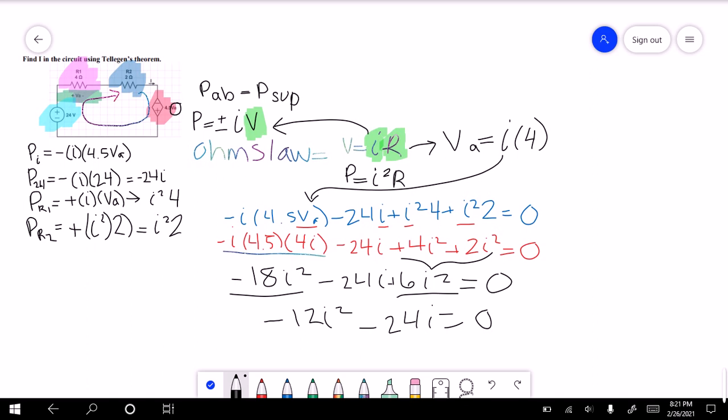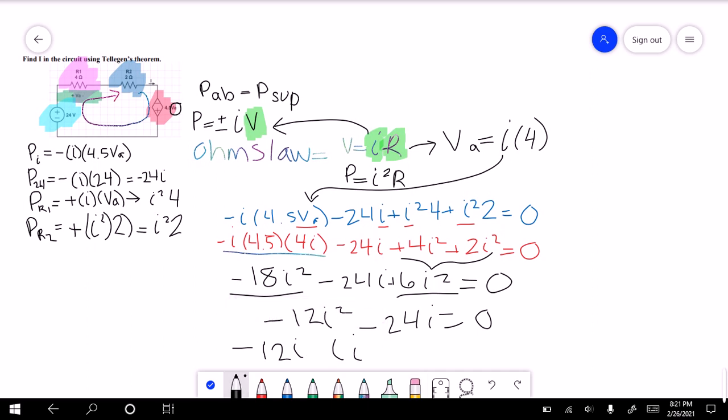And from here, we just need to do a little algebra. So now that we have the circuits out of the way, we just need to know our algebra, which can be a little challenging at times, I have to admit. I almost factored out an I squared, but can't do that.